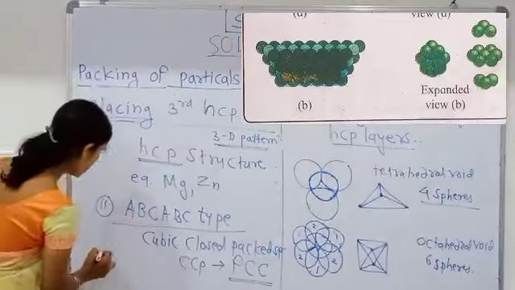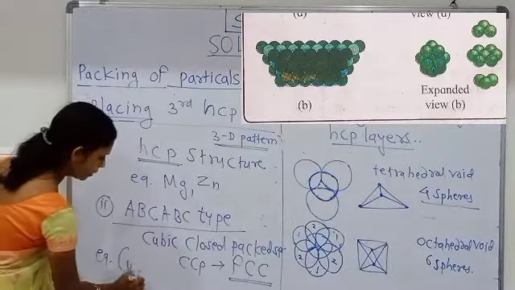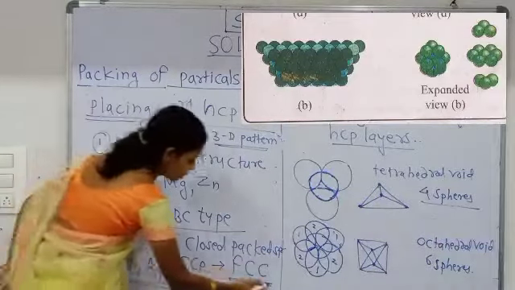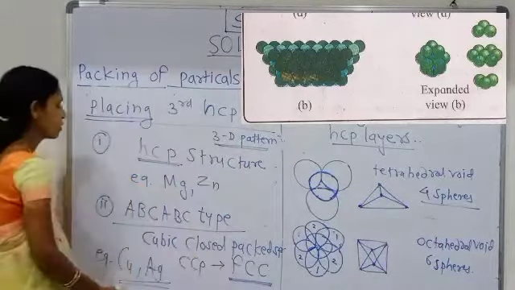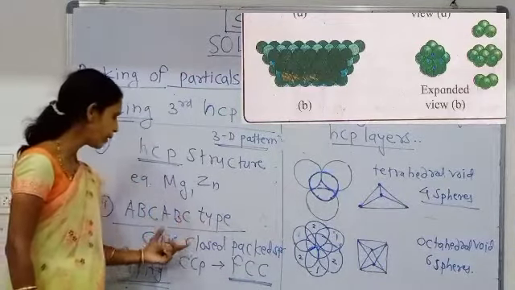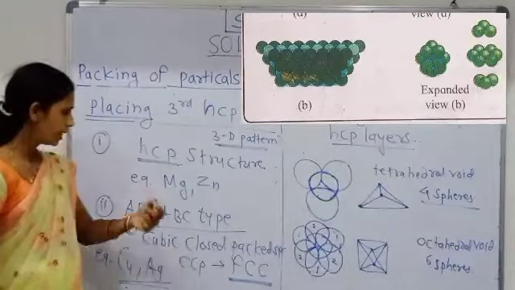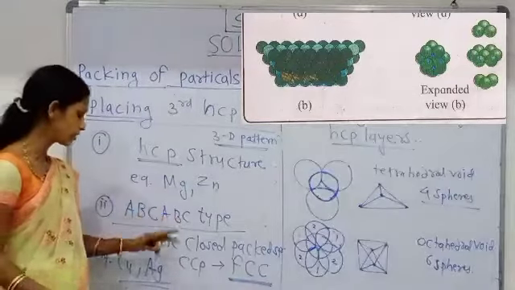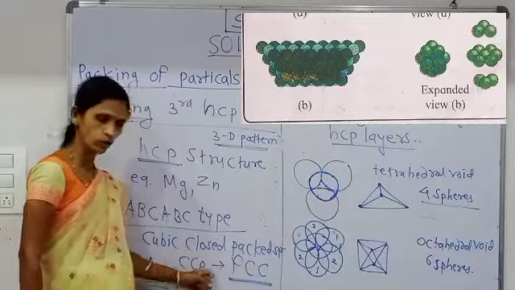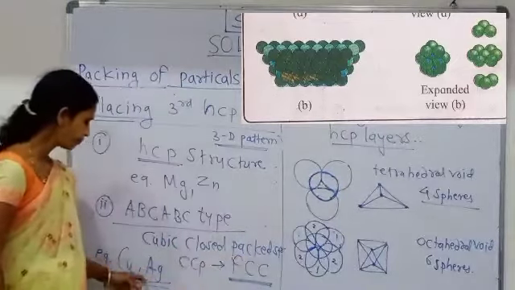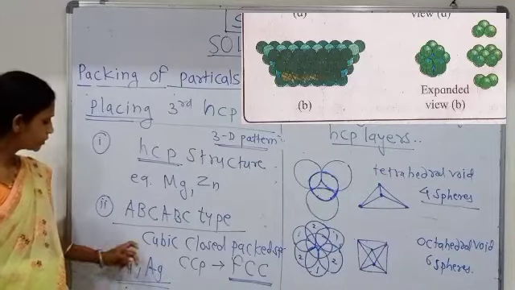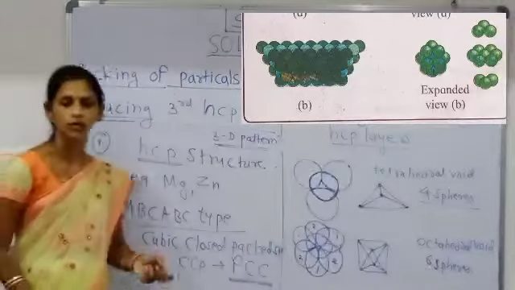For example, copper and silver are examples of the face-centered cubic structure, or that type of ABC pattern of arrangement of the spheres in 3D structures, which results in the formation of the cubic close packed FCC type unit cell present in copper and silver.